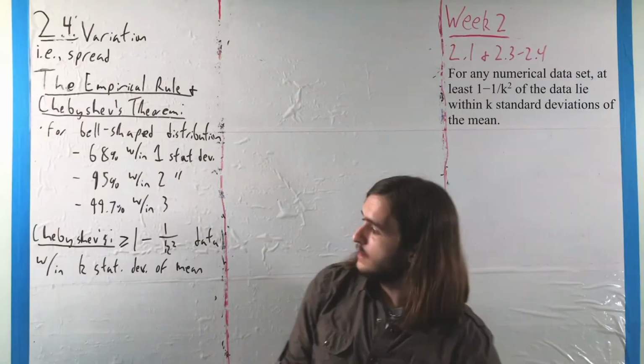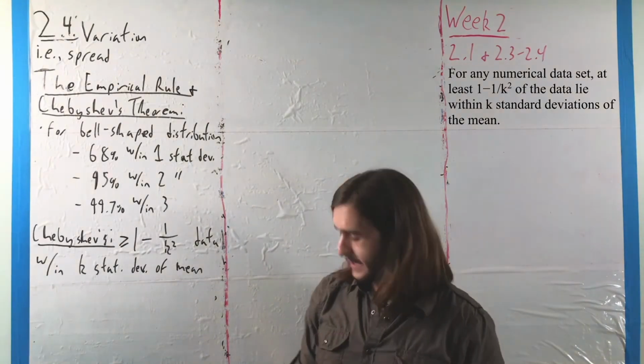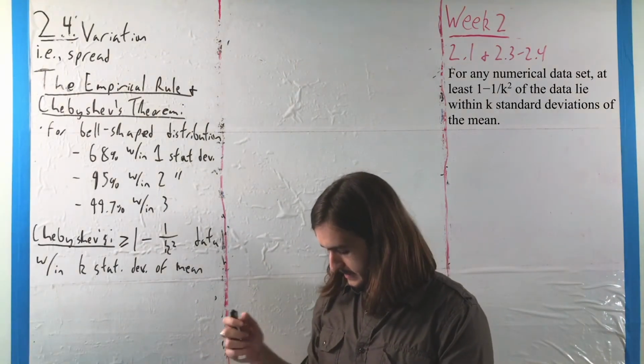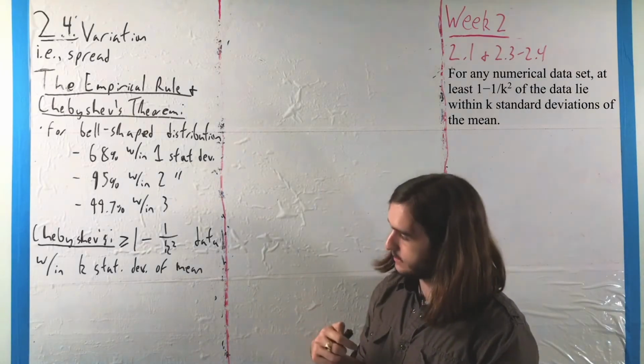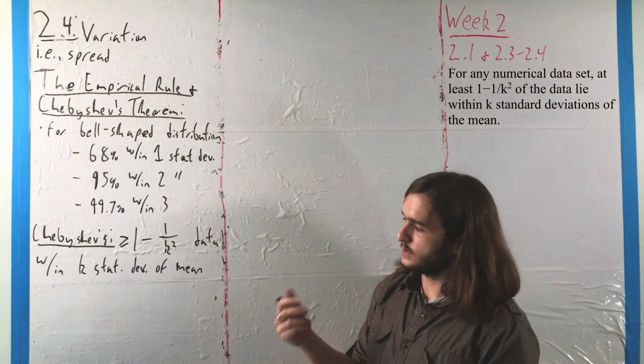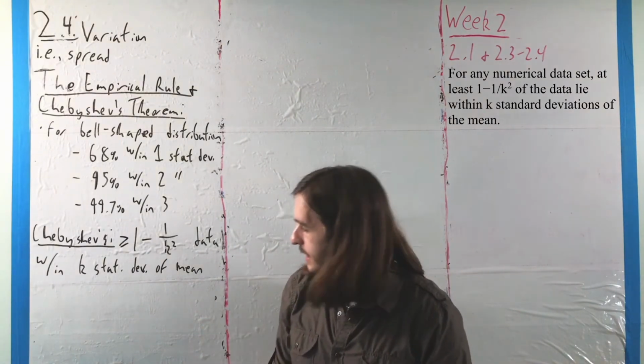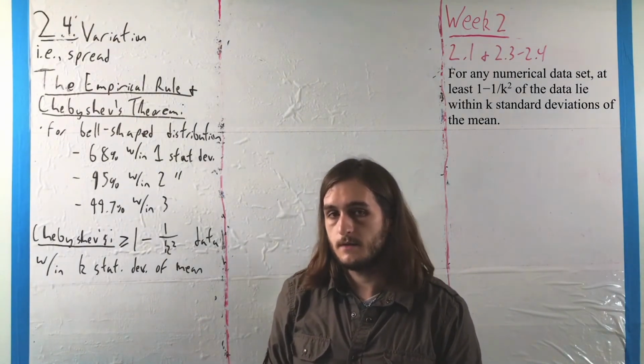Meanwhile, for Chebyshev's theorem, we have that at least 1 minus 1 over k squared, as a proportion of the data, is within k standard deviations of the mean.